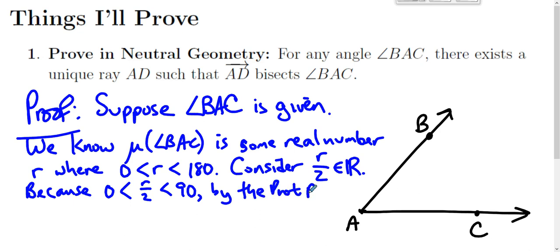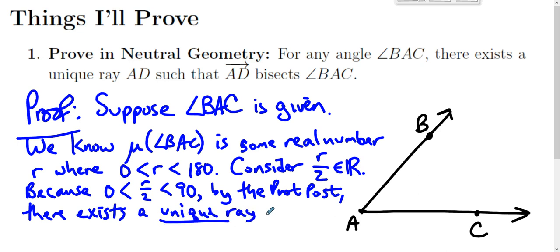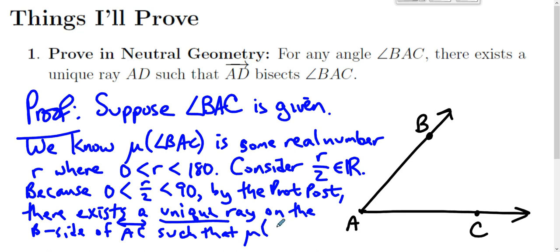By the protractor postulate, there exists a unique ray on the B side of line AC such that the measure of angle CAD, there exists a unique ray AD on the B side of AC such that the measure of angle CAD is R over 2.